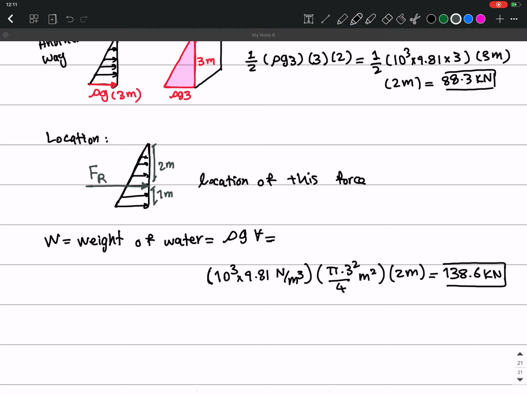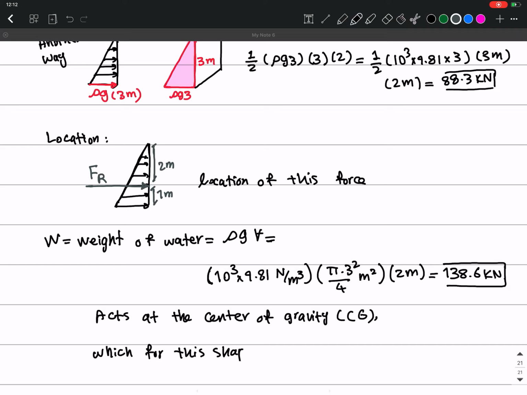And this acts at the center of gravity, or CG, which for this shape is 4r over 3 pi.